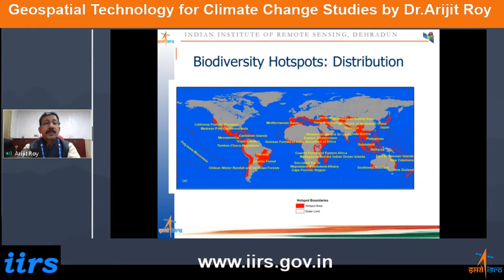So this is basically the definition of a biodiversity hotspot. And if we see, most of the areas which are biodiversity hotspots are also under huge anthropogenic pressure, because they are the regions which are actually habitable across the world.